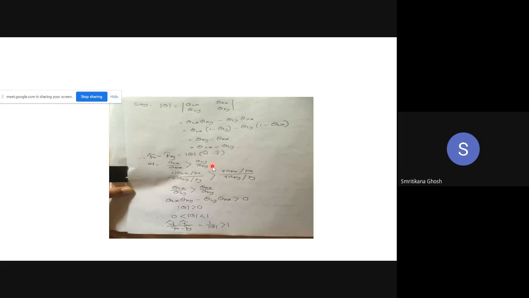This was our basic definition: the home country is labor abundant and commodity X is labor intensive. As commodity X is labor intensive, it should use relatively more labor than capital as compared to the other commodity. So ALX by AKX is greater than ALY by AKY. Now is it okay? Yes, ma'am.